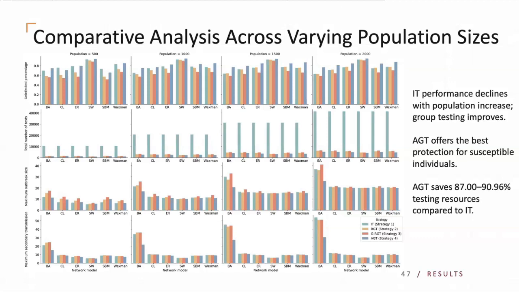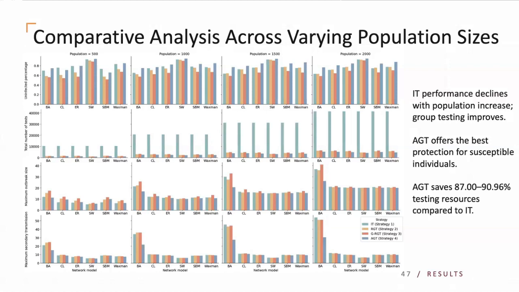As can be seen in these figures, the performance of individual testing, colored in green, gradually becomes more deficient as the total population climbs, while the performance of group testing strategies gradually improves. Our proposed strategy consistently protects the most susceptible individuals from infection when the population scale increases, regardless of the network structure.